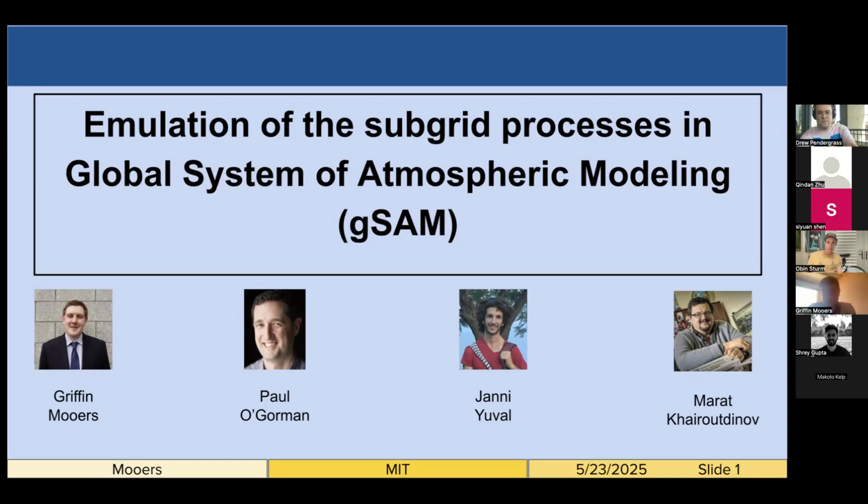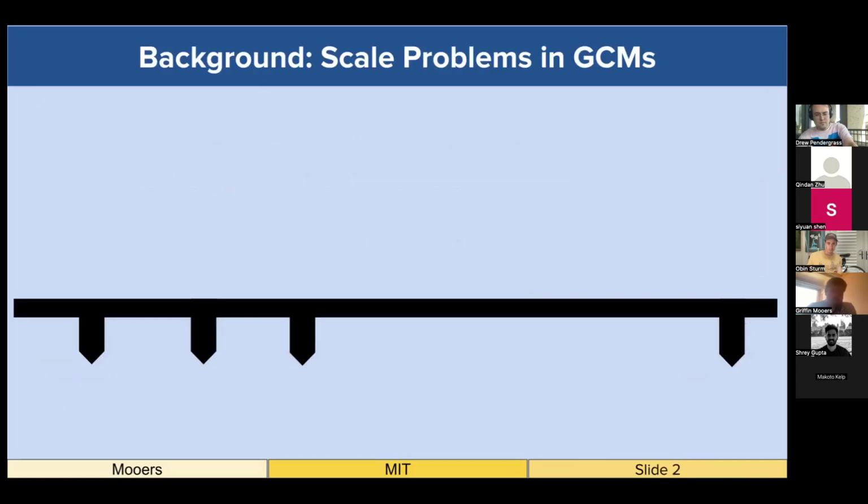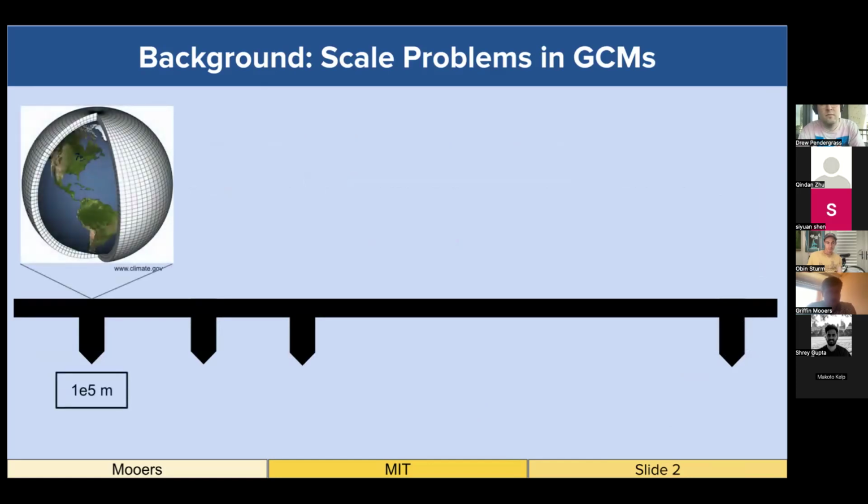And a lot of that has been working on pretty long-term problems with GCMs, or general circulation models, where our global climate models are run at a fairly coarse resolution, typically 50 to 100 or even 200 kilometers horizontally.